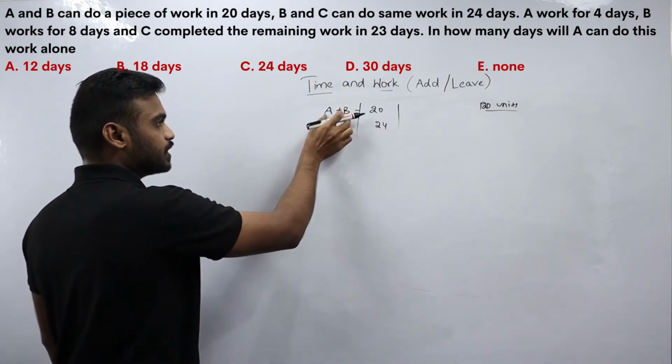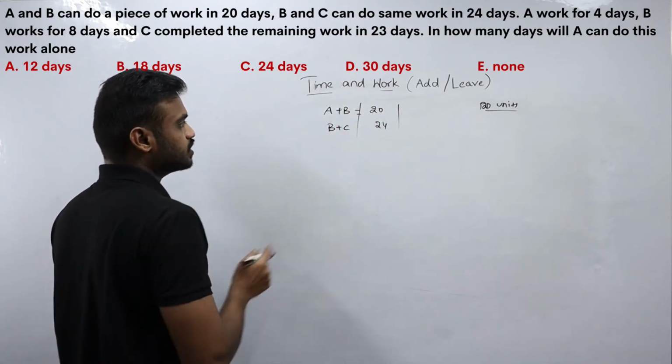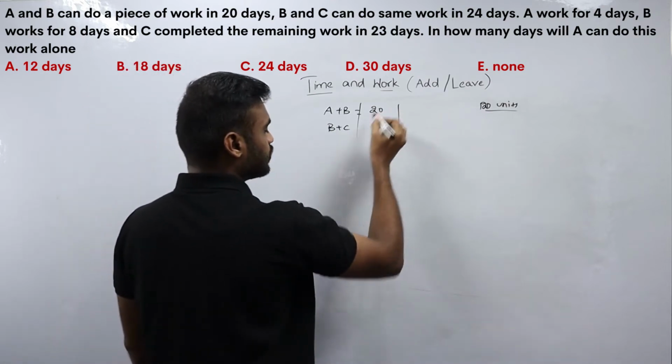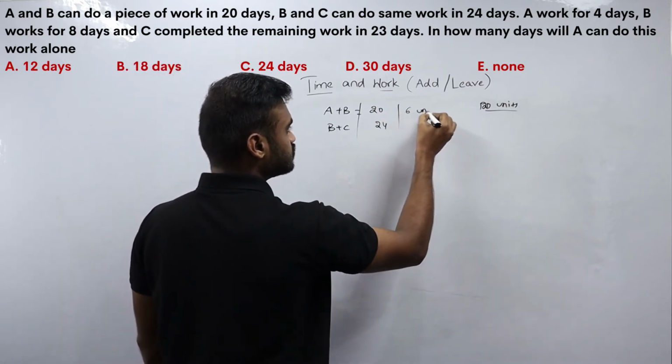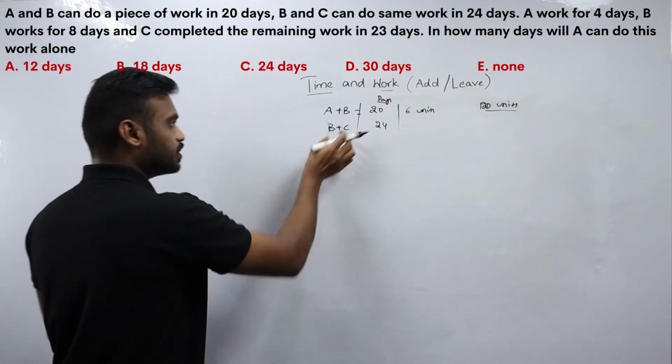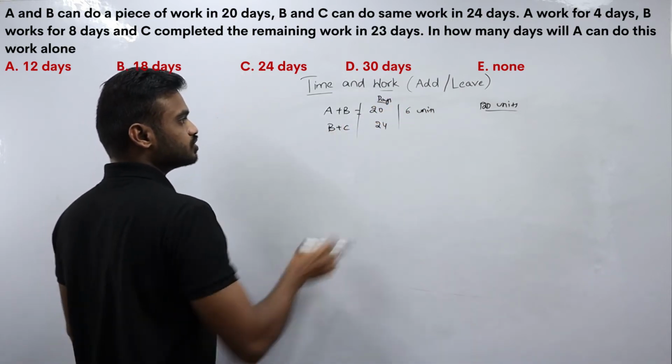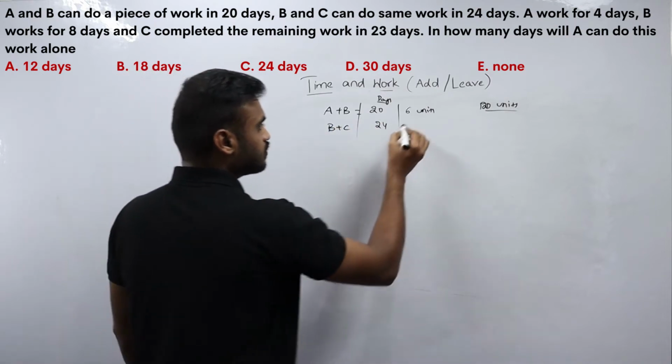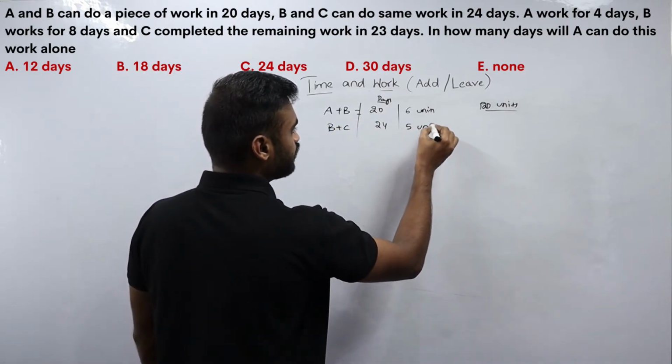Now A plus B is completing 120 units of work in 20 days. So per day they are doing 120 by 20, that is 6 units of work. Now B plus C is completing it in 24 days, so 120 by 24, that is 5 units of work per day.